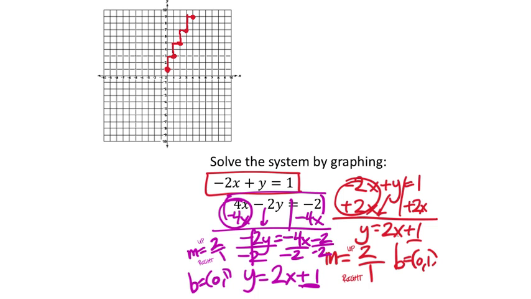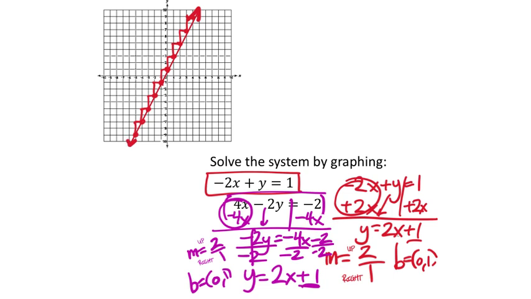I'm going to continue this backwards, so left 1 down 2, left 1 down 2, several times. And I'll go and graph the line there. Something like that.